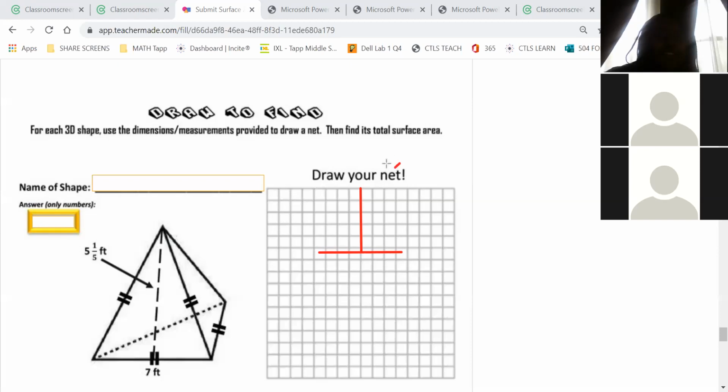So I drew my base and my height of that triangle. So I'm just going to connect the top of that to the edge. So this is one triangle out of all of my triangles.